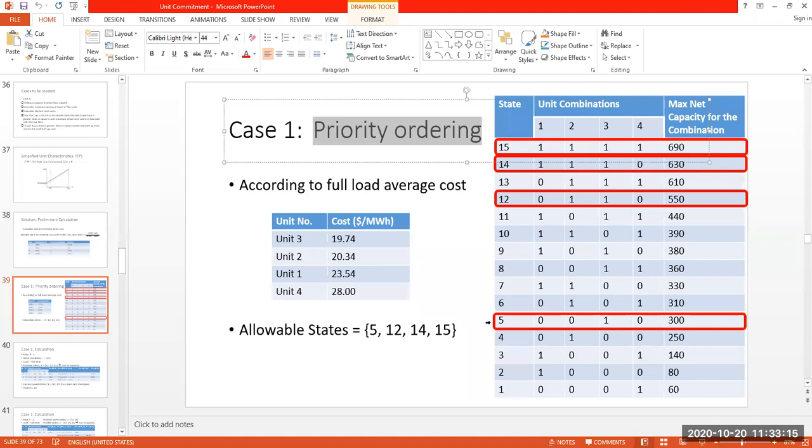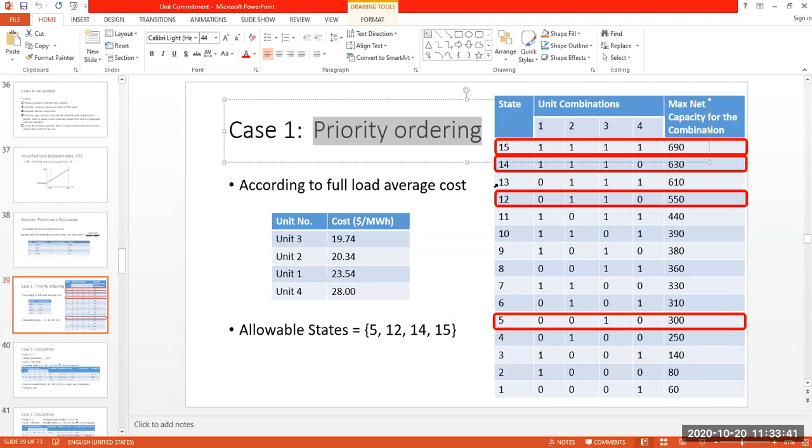So if you want to turn on any unit after unit 3, you have to turn on unit 2. So that is your second priority. After turning on the most prioritized unit, unit number 3 here, you have to go for unit 2. Then you have to go for unit 1 from the list. So this should be the one.